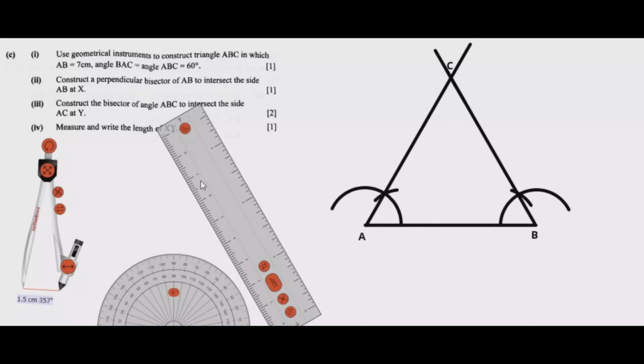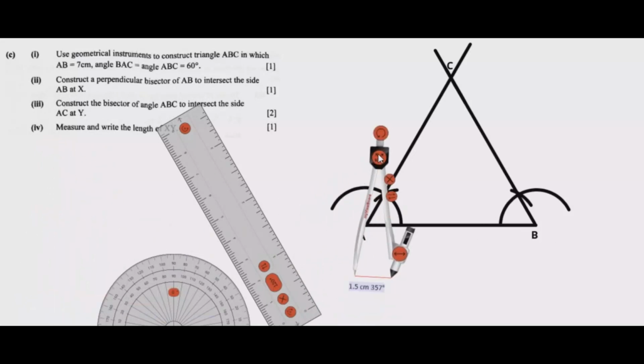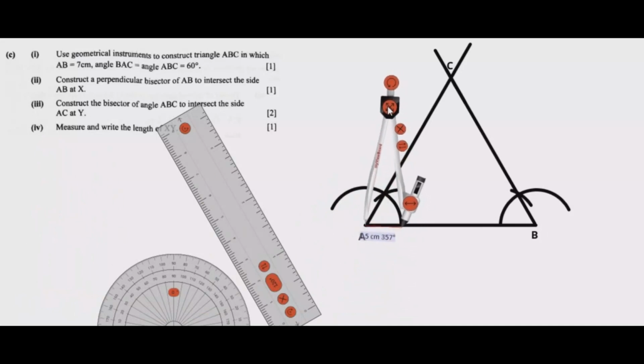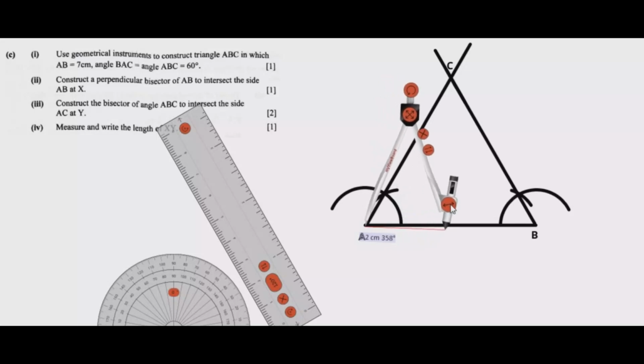Now we come to question C2, which is construct a perpendicular bisector of AB to intersect the side AB at X. Okay, so this is AB. We're going to get the compass and put the metal arm here. Then we can come up with any length as long as it's longer than half of the line AB.